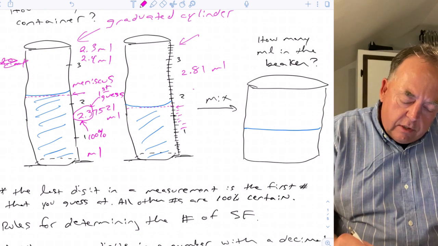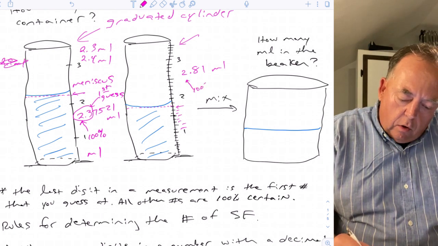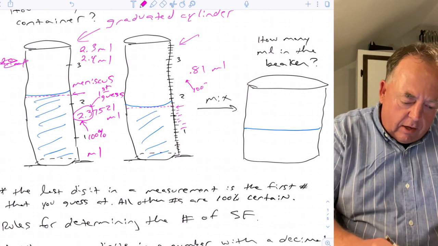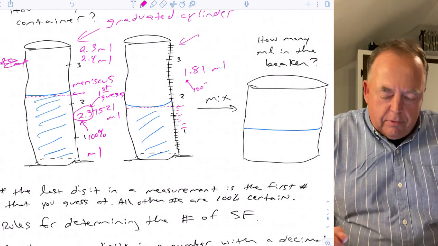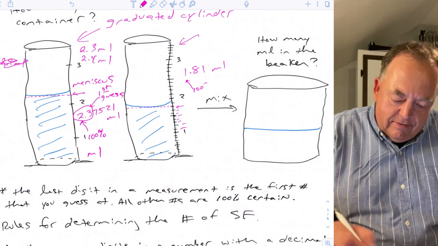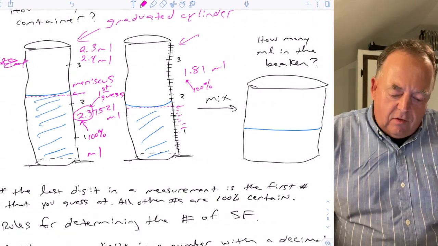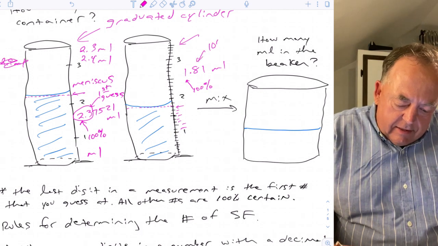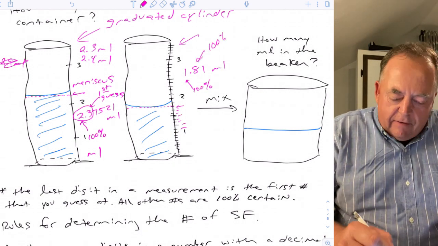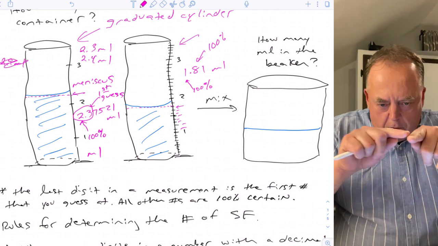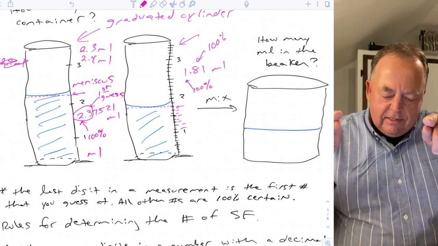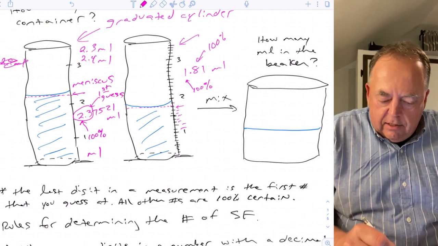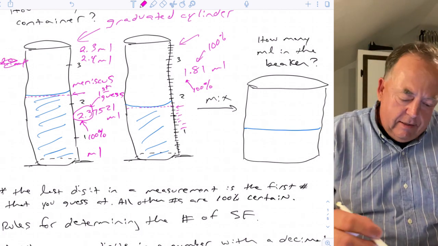So are we 100% confident in that? Hopefully it's not a 2, it's a 1. We're 100% confident that it's a 1, right? So 100% confident that the 1 is correct, and 100% confident that the 8 is correct, because you have the scale, and if you drew a perfectly straight line across the bottom of the meniscus and see where it hits the flask, if it's hitting it right above the 0.8, then we know it's between 0.8 and 0.9.